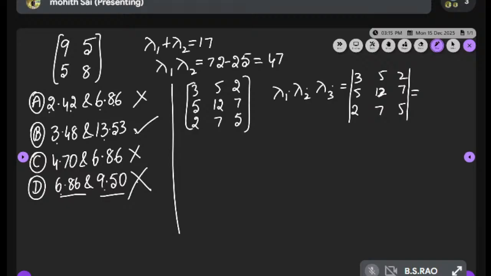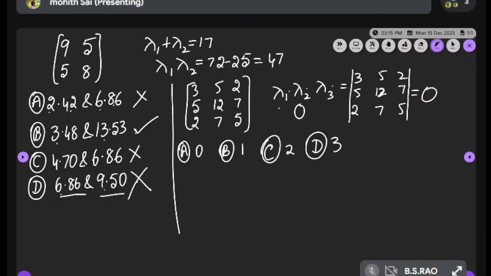Listen, what is the determinant? Determinant is 0. Among the given options you have 0, 1, 2, 3. Among these three eigenvalues, if any one is 0, the product will be 0.